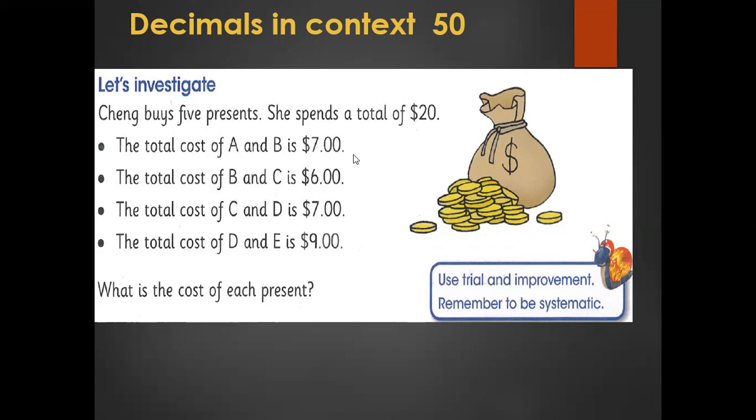Okay, so if B is 3.5, it means C is 2.5. Okay, if C is 2.5, it means D is 4.5. If D is 4.5, it means E is also 4.5.